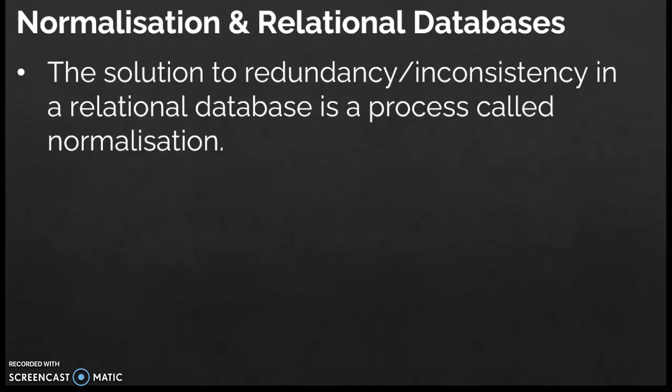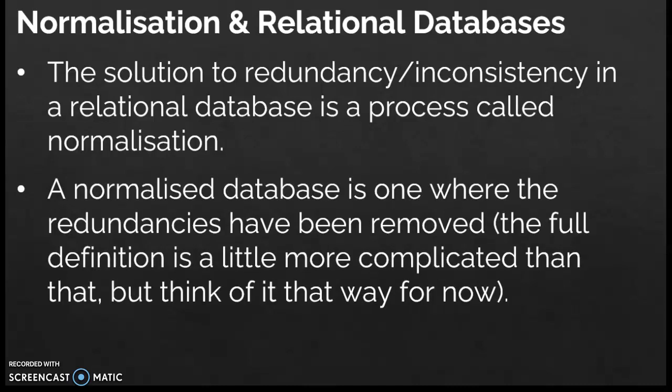And when you start to fix the problems with the flat file database table, all this inconsistency and redundancy, one of the ways you do this is by using relational databases and this process of normalization. So, a normalized database is one where the redundancies have been removed. The full definition is a little bit more complicated, but basically you're removing these redundancies.